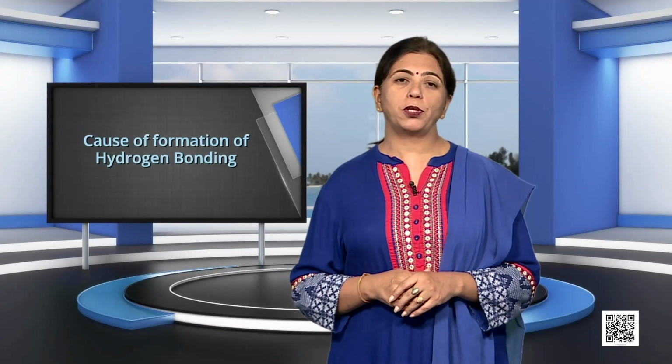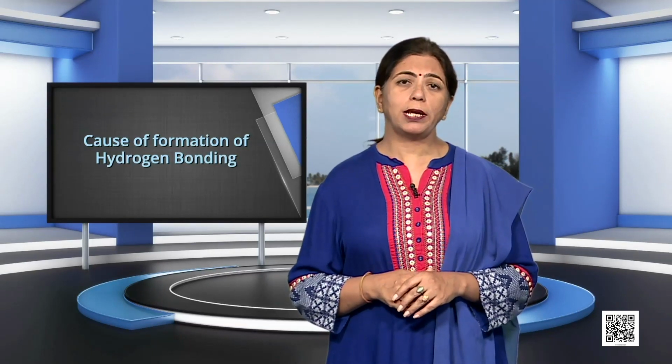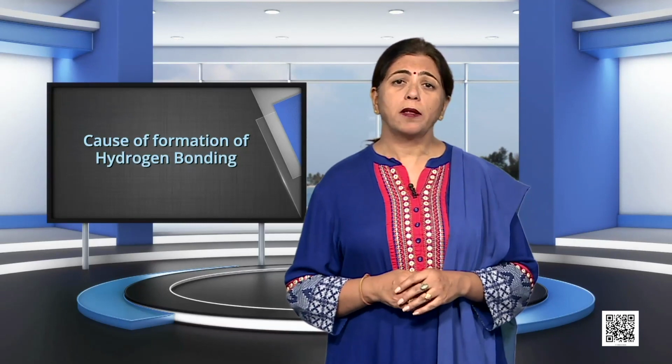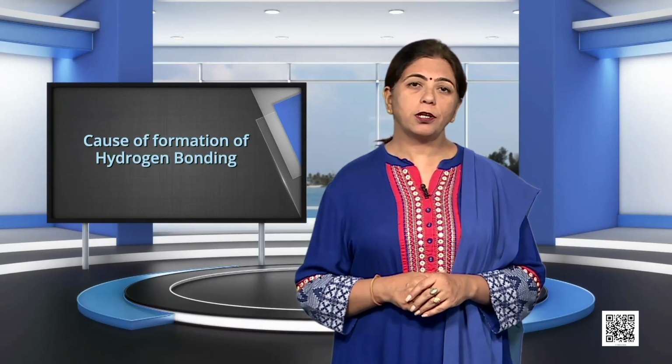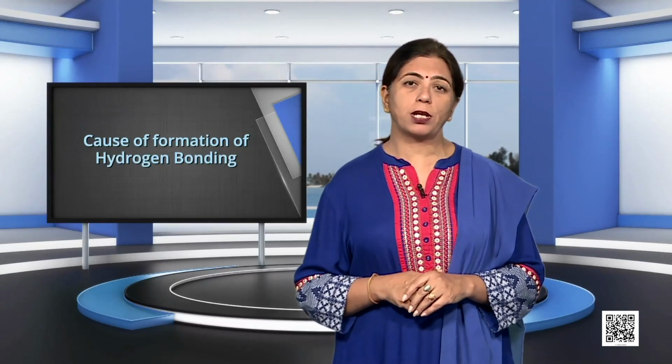The cause for the formation of hydrogen bonding: when hydrogen is bonded to a strongly electronegative element X, the electron pair shared between the two atoms moves far away from the hydrogen atom.